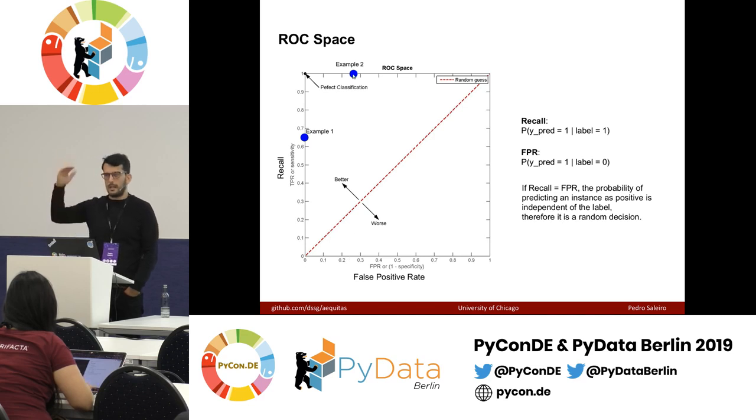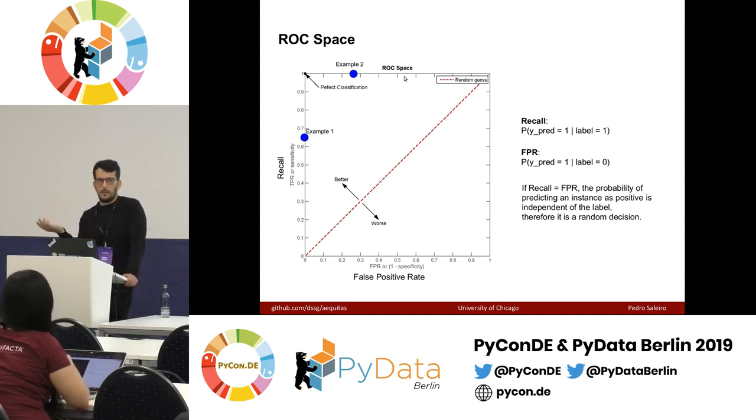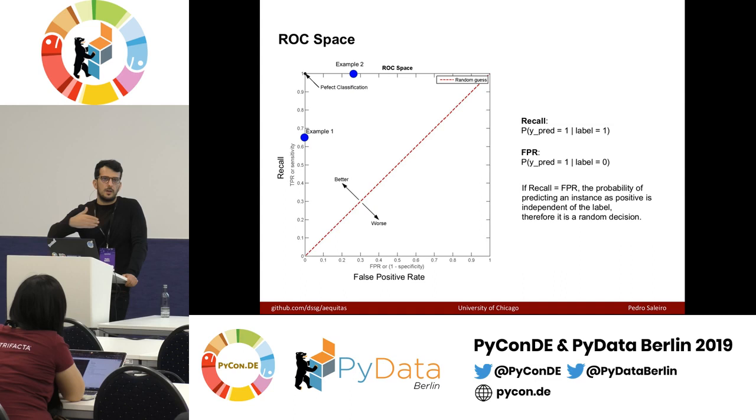If we keep going down the list until we consider everything as positive, we'll keep moving along this axis, because we already caught all the positive examples, so recall cannot be higher than 1. And the false positive rate will go up to the max, because you are considering all the false positives as positives now.